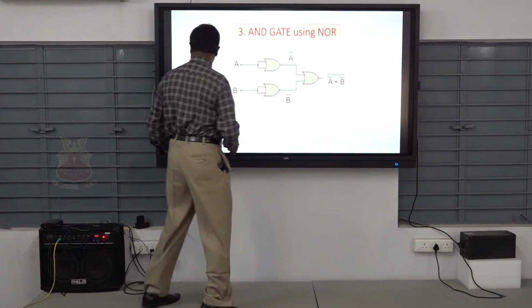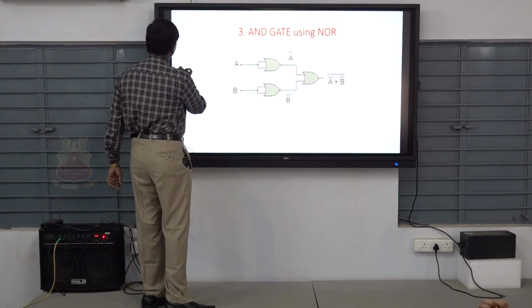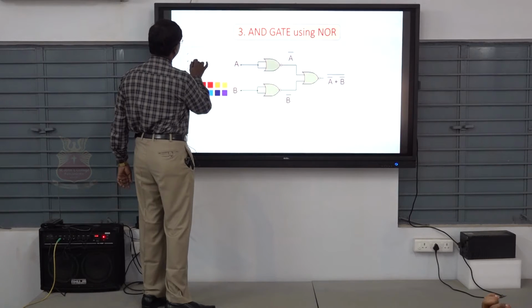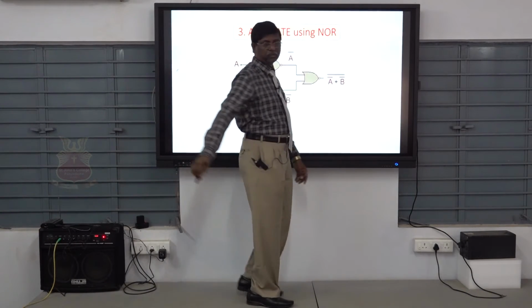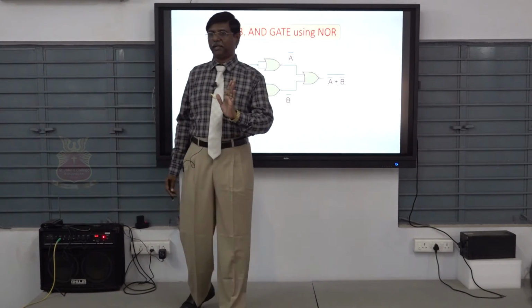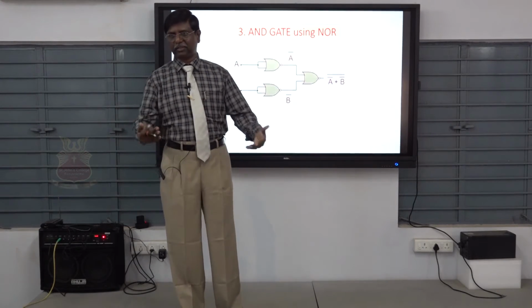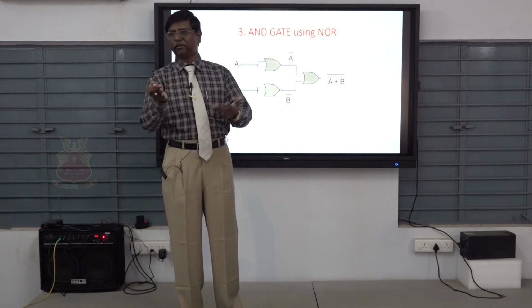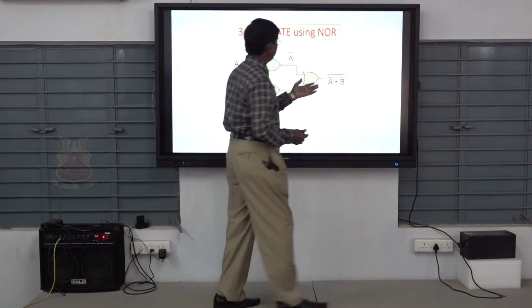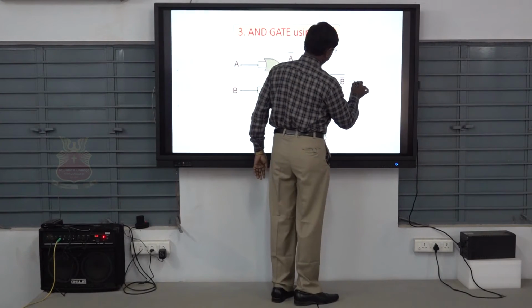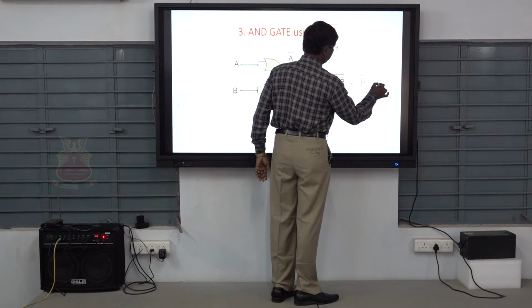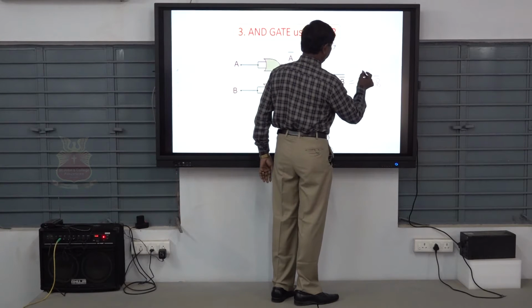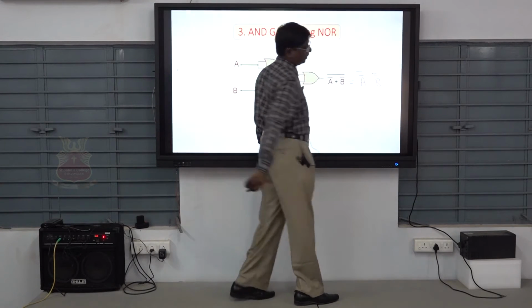What will you do? You will cut it here. I have told you the shortcut. Cut the line, change the sign. Change the sign means you have to make plus into dot and dot into plus. So this will become A bar dot B bar, then we have to cut the line.